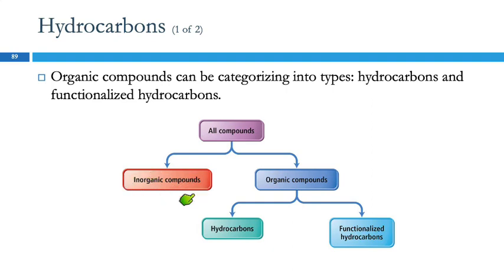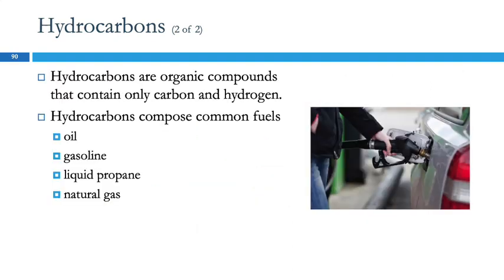We are almost exclusively going to be concerned with inorganic compounds, but there are a few organic compounds that come in. We can divide organic compounds into hydrocarbons, which just have hydrogen and carbon, or functionalized hydrocarbons, which are fancy.